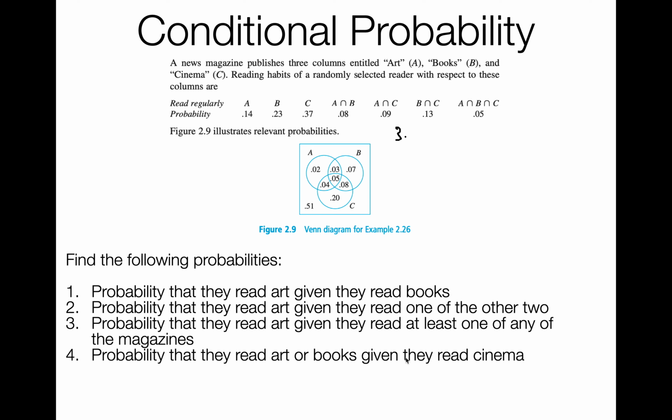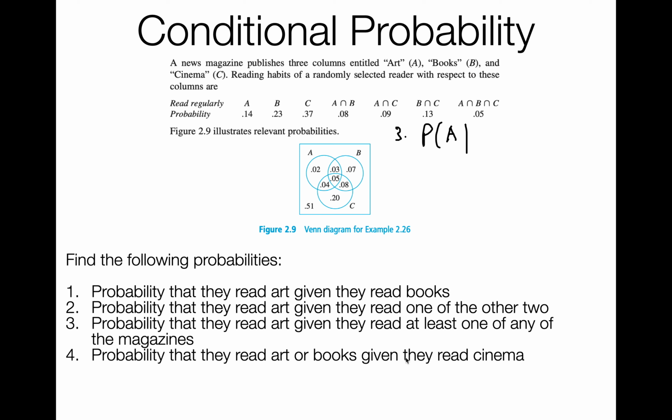As we hurry along, the probability that they read art, given that they read at least one of any of the magazines. So the probability that they read A, given that they read any, so at least one of any of the magazines.